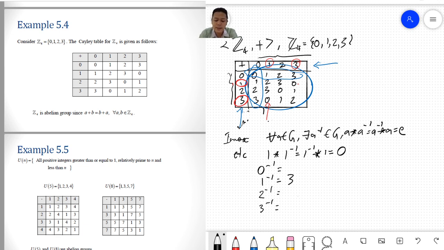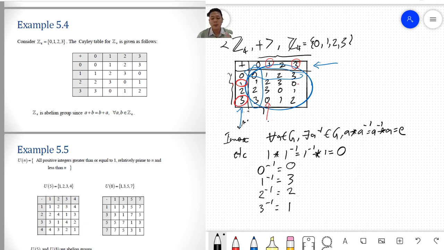Based on the Cayley table, it is 0. For 2, it's 2. And for 3, the inverse is 1. It's quite interesting to note that the inverse of 1 is 3, and the inverse of 3 is 1 back. It's kind of like an inverse function. For 2, it's itself. For 0, it's itself.